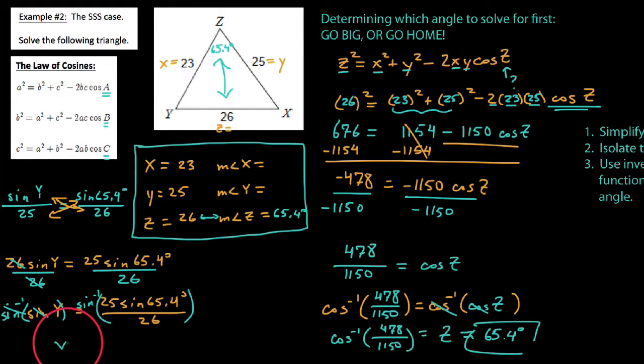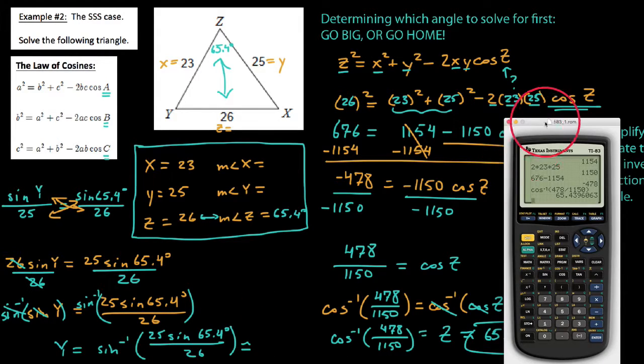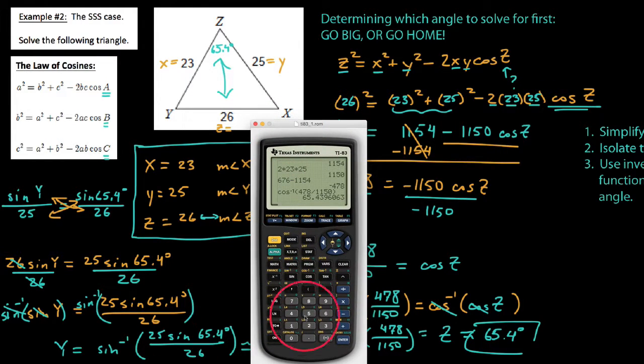So we get y is exactly equal to the sine inverse of 25 sine of 65.4 degrees all over 26. And we'll get this on a calculator. Let's find the inner portion first. I suppose what I mean by that is what we're about to take the sine inverse of. We'll do inside here, clear all this out, in parentheses 25 times the sine of 65.4 degrees, end parentheses, but I'm going to divide this by 26.